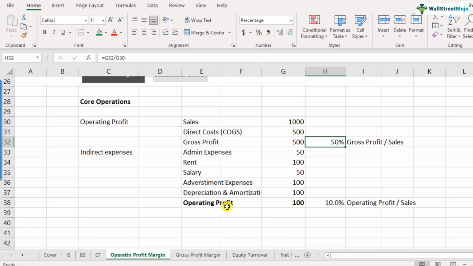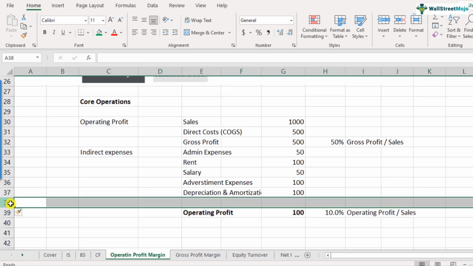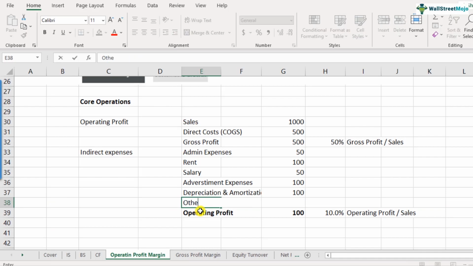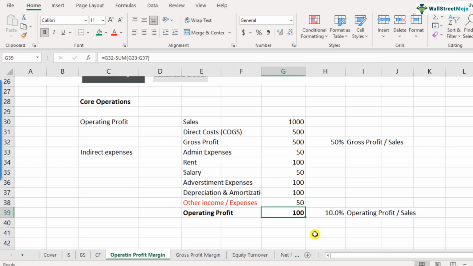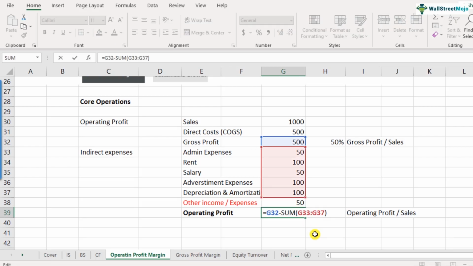As I said, do remember that there could be a case where you will note that before the operating profit, items like other income or other expenses are included. If that is the case, then you should not include that, you need to exclude that. Let's say in our case other expense was given as 50. If other expense was given as 50, we should exclude that.